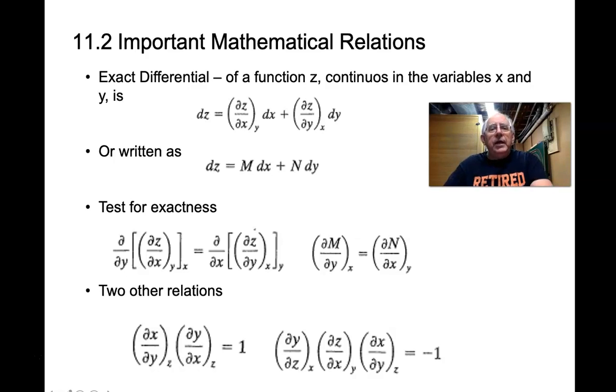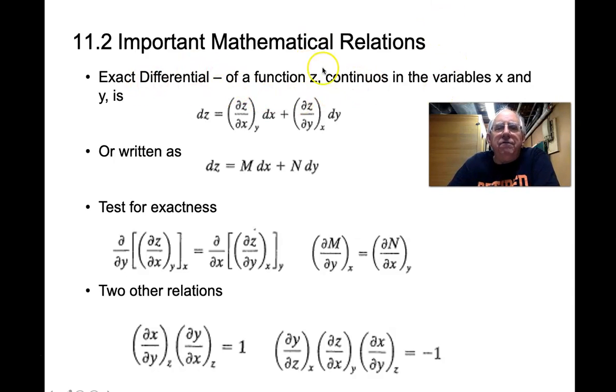And so in mathematics, when we talked about exact differentials, we said that there was a function z that was continuous in the space or in the variable x and y. So if we have an x and y space, the function z is identified by knowing the x and y, and it's continuous in that particular region.